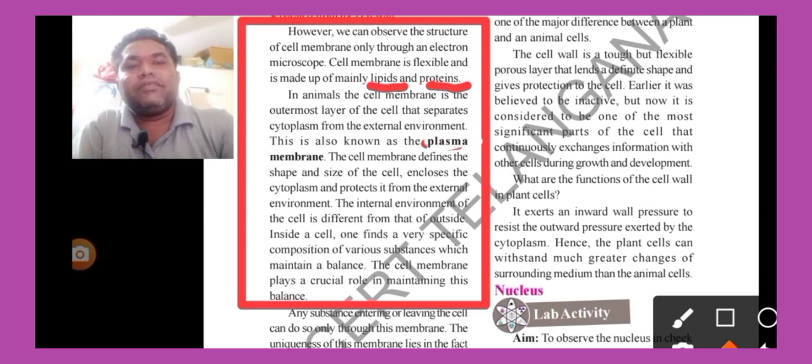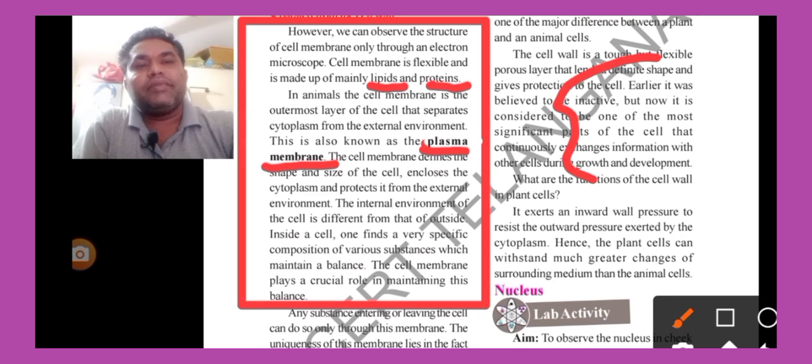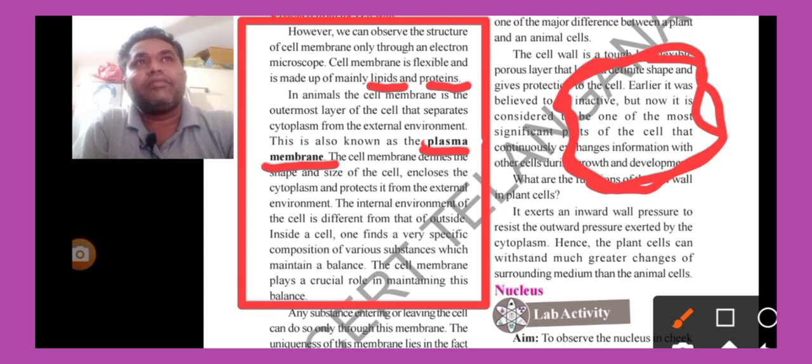Because in an animal cell there is no cell wall. So imagine this is the animal cell. There is no cell wall, so only the plasma membrane is the outer layer. Imagine this is the plasma membrane, it is the outer layer.